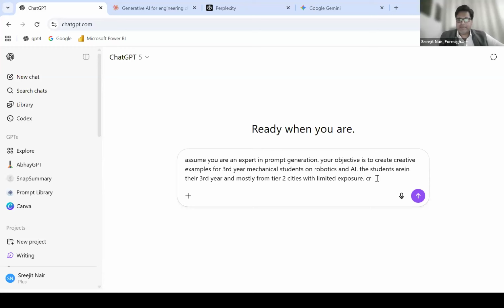And then task is to create 10 slide, 10 pointer.